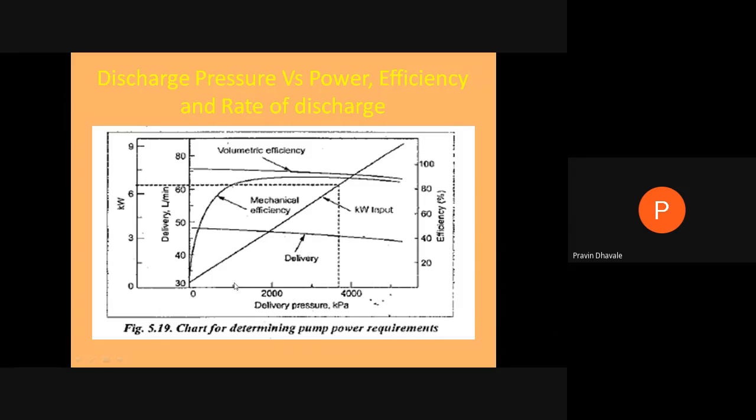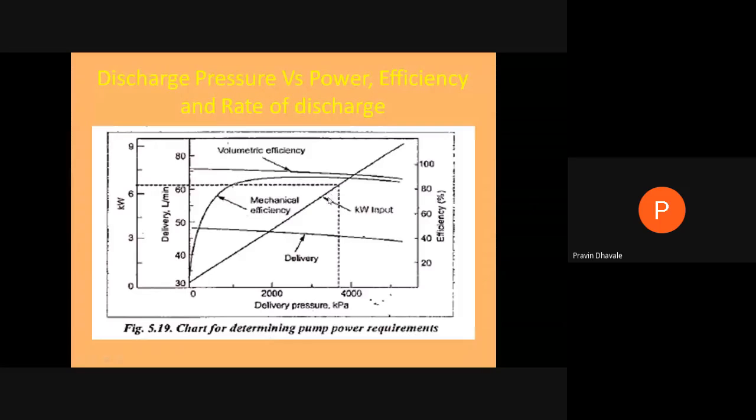Meaning at every delivery pressure, how much the discharge is will be shown over this line. This is the kilowatt power input line, right? On this line we determine the power requirement of the pump, and with respect to a particular delivery pressure we can calculate the mechanical efficiency.